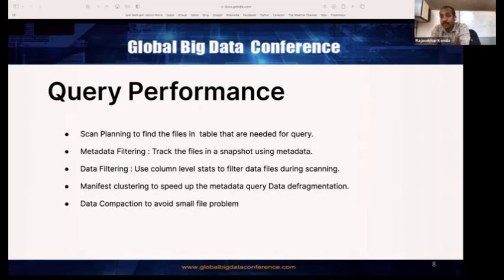Metadata is also files in the file system. It is not maintained in RDS type of databases, like Hive or other traditional data warehouses, which maintain metadata in a backend store. Iceberg maintains the metadata, because the metadata is huge, in the file system itself.